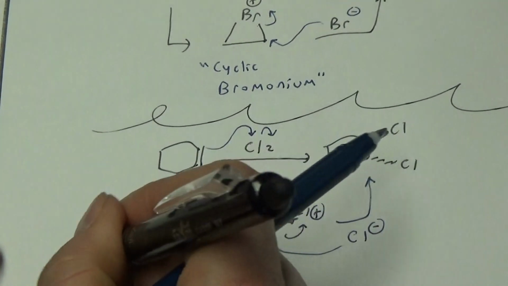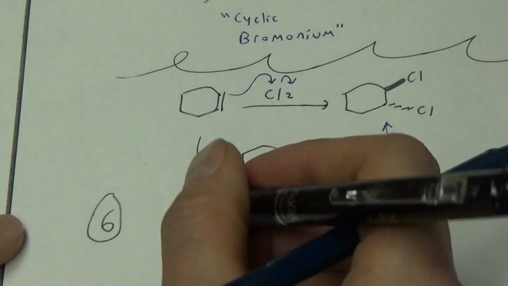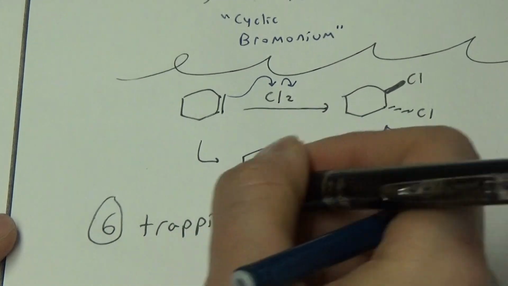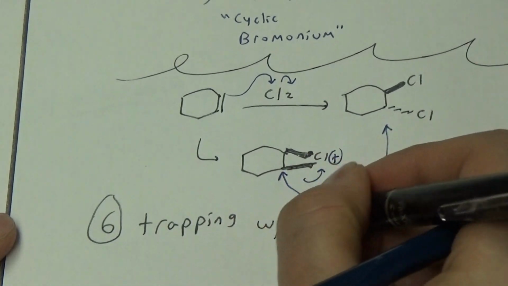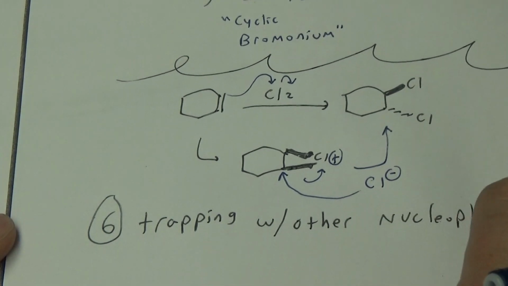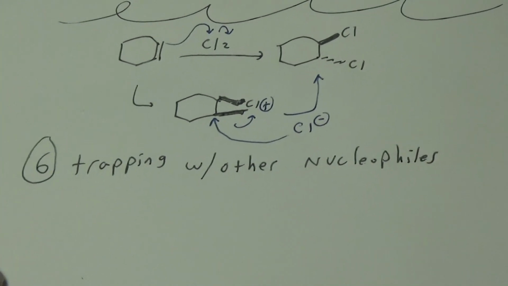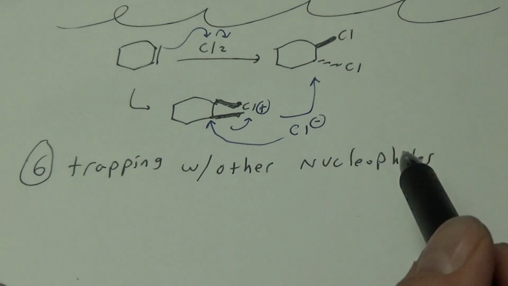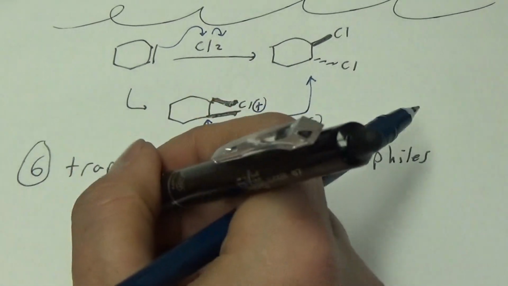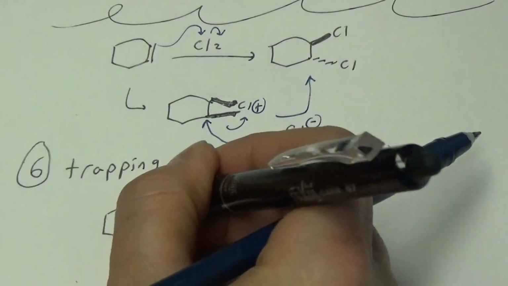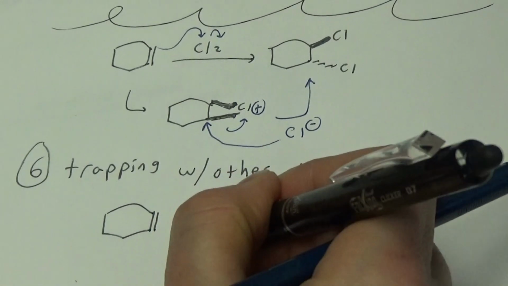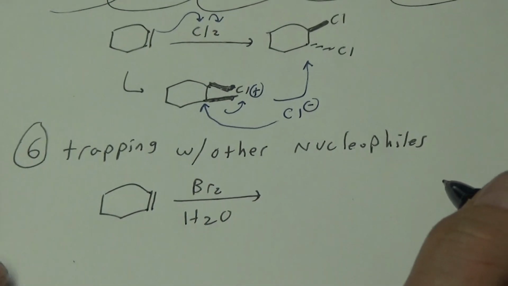Number 6 is going to be a slight variation of this. It's the same reaction but trapping with other nucleophiles. Instead of trapping with chloride, what about trapping with water or something? And that's going to be like Br2 and water.